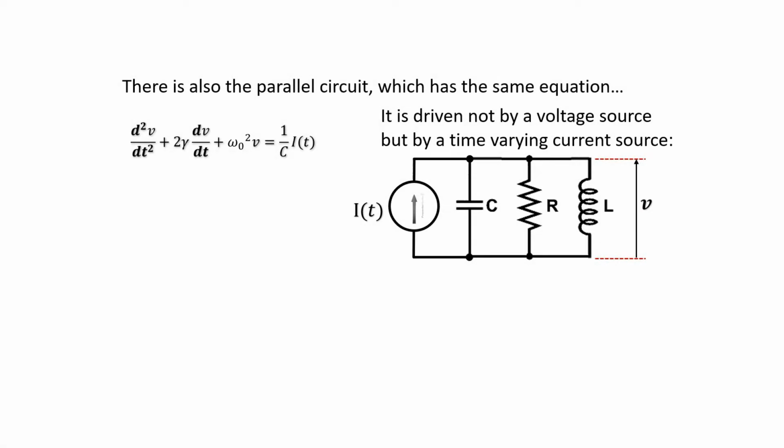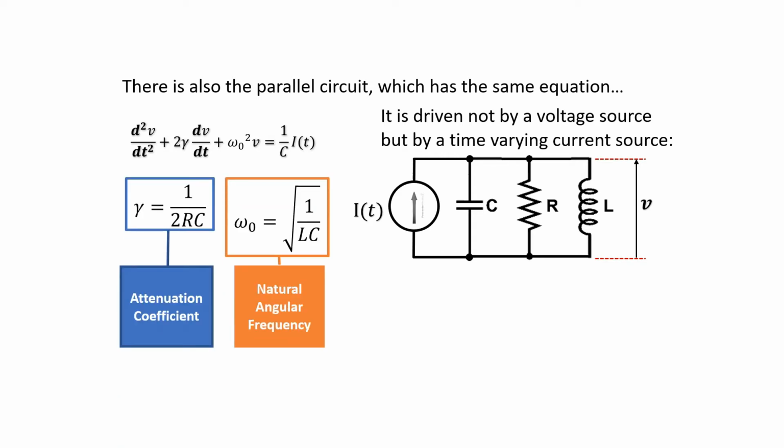There's also the parallel circuit, which has the same equation. It is driven not by a voltage source, but by a time-varying current source. Here, the attenuation coefficient is 1 over 2RC, and the natural frequency, same as in the serial, is the square root of 1 over LC.